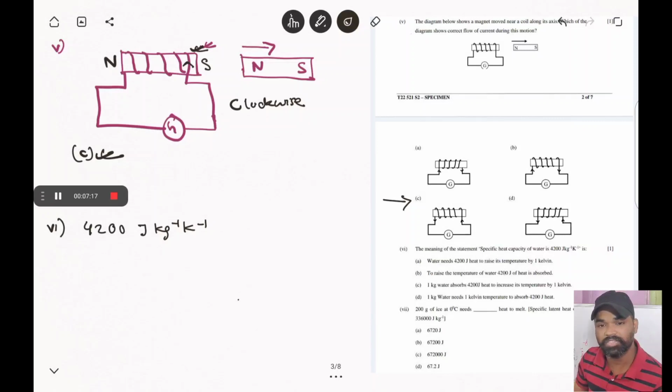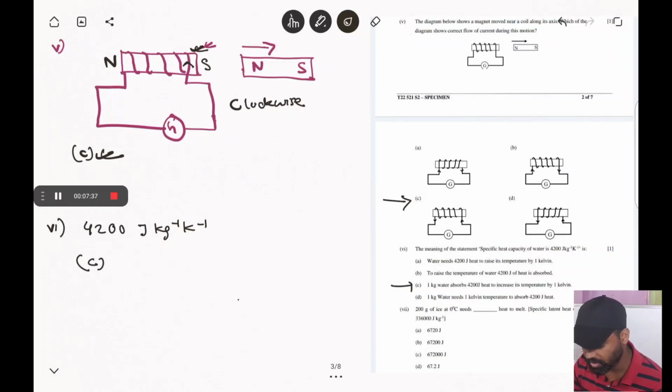That is the definition. Yes or no? So if you look carefully, option C is my correct option. 1 kg of water absorbs 4200 joule heat to increase its temperature by 1 Kelvin.